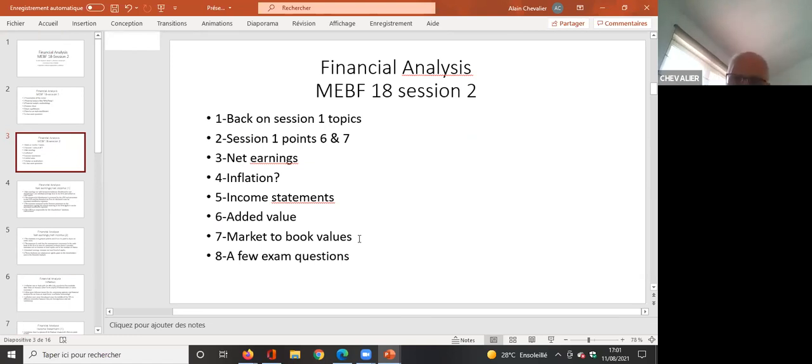And after that, I will move to other topics, mainly ratios. The first session was really concentrated on balance sheet and equilibrium. The second one, we moved from balance sheet and equilibriums to income statement. The third one, we'll move from income statement to ratio analysis.